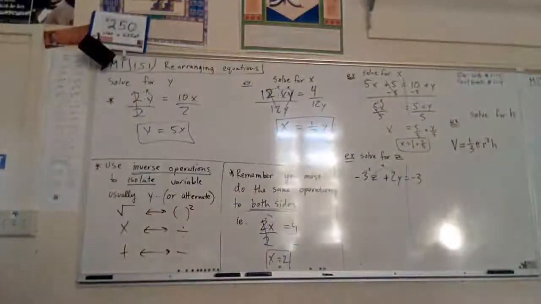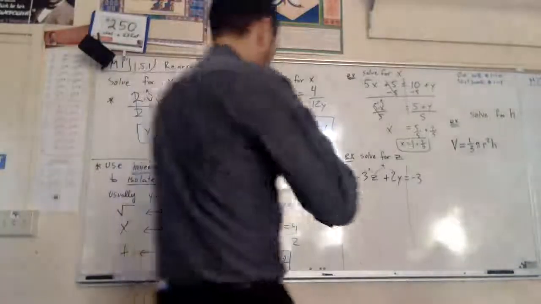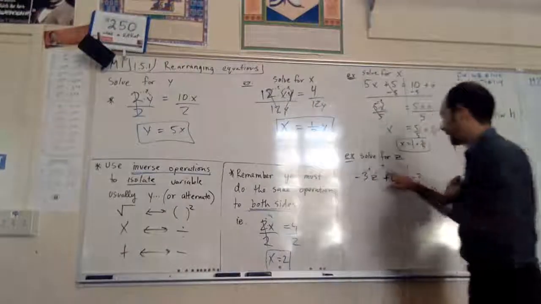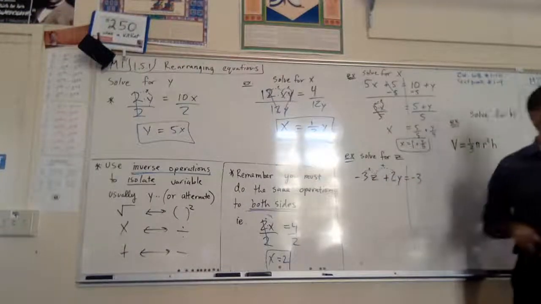So just simplify that. Okay, I'll do the first step because I want to go after that first chain, and the first chain I want to go after is that plus 2y.